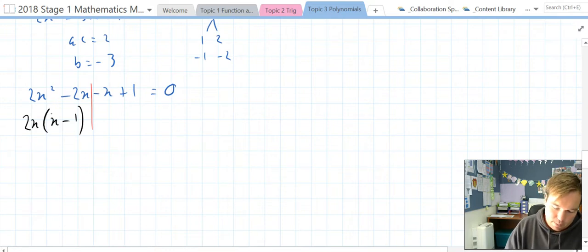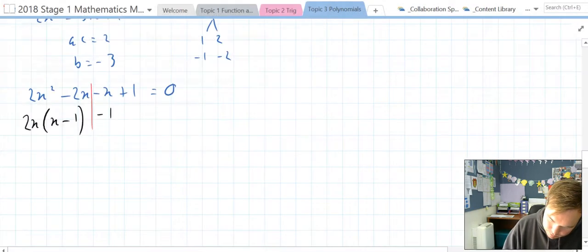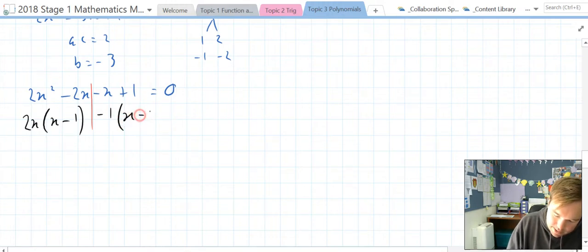And we can see that in the bracket we had here, there's a positive x at the front, but there is a minus x. So really we're going to take out a minus 1. Then what's left in here is going to be a positive x and minus 1, because if we multiplied that back out, we would get to the step above in that half.